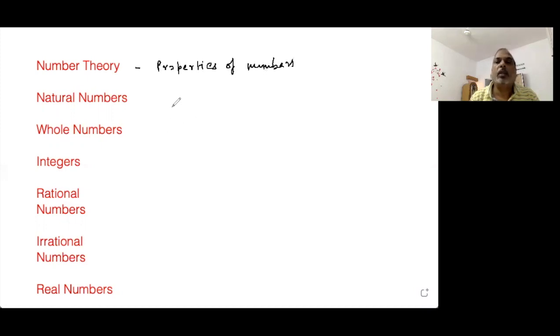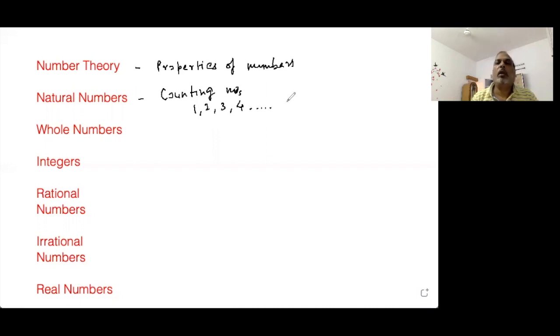Now, there are various types of numbers. Natural numbers are also called counting numbers. As we know, 1, 2, 3, 4, like that, and so on.